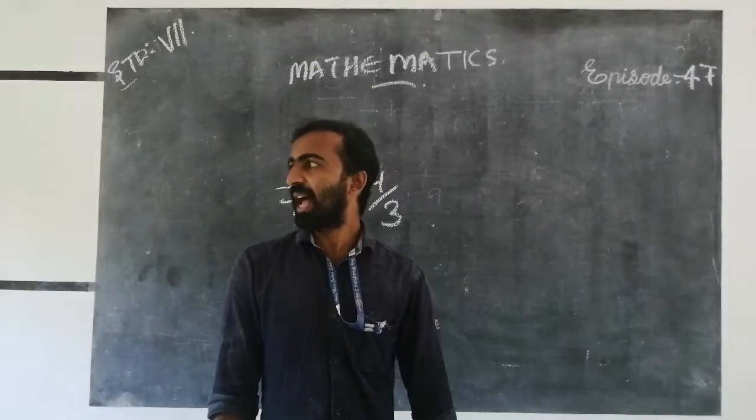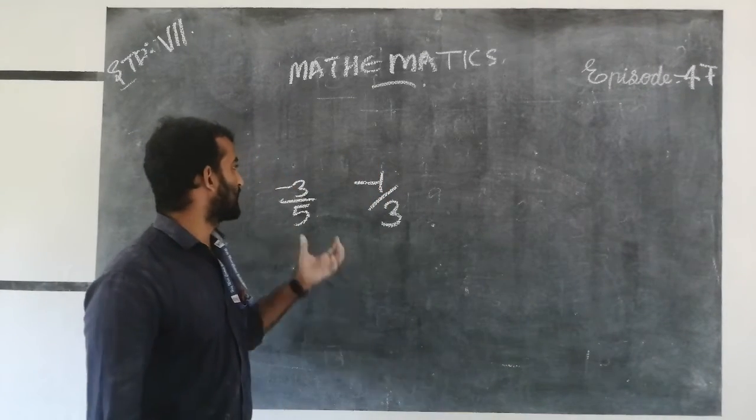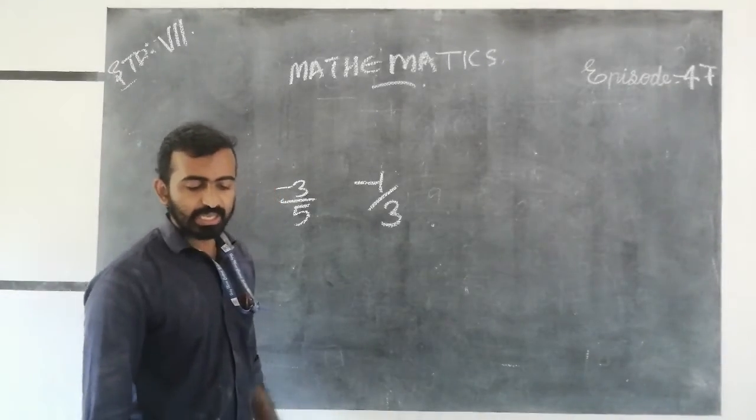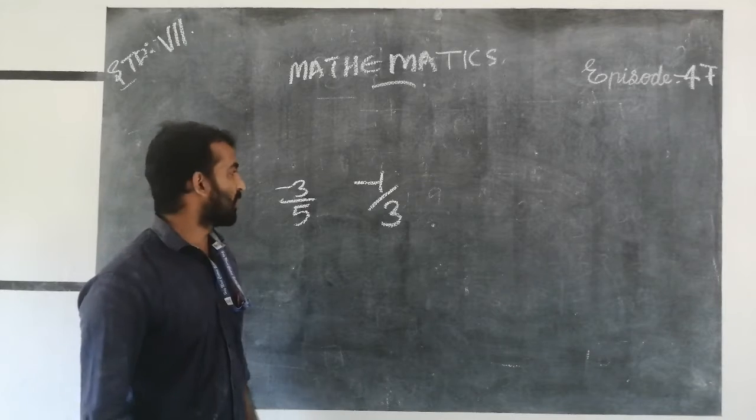For that, to find two rational numbers between negative 3 by 5 and negative 1 by 3, we convert the rational numbers to the same denominator.